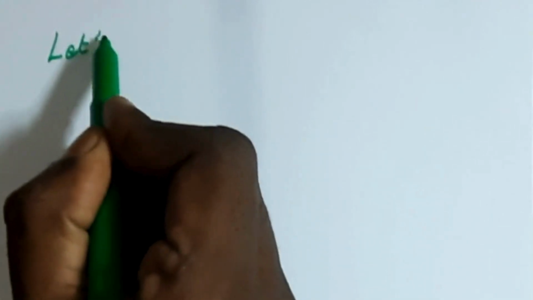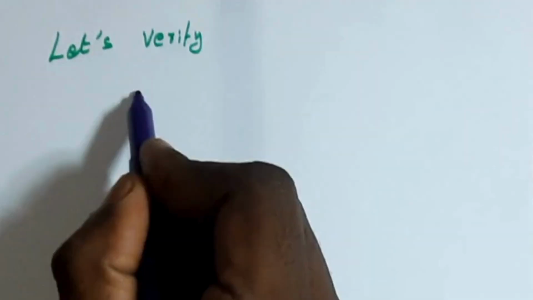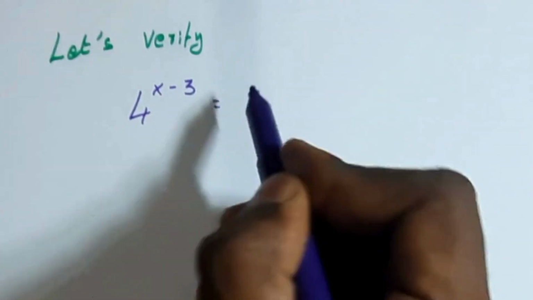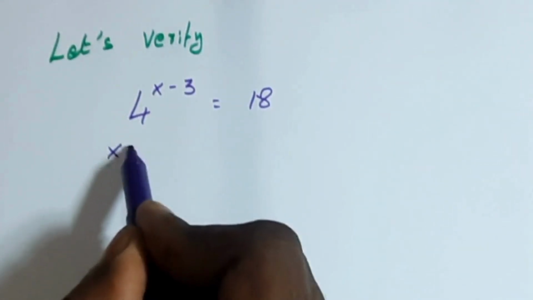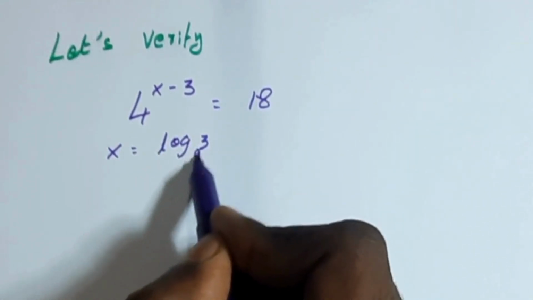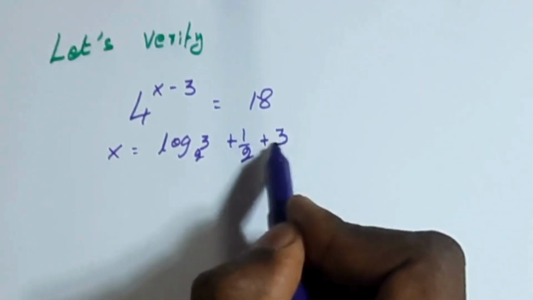We are going to verify that with the equation. Let us verify. 4 to the power of x minus 3 equal to 18. Now we know the x equal to log 3 base 2 plus 1 by 2 plus 3.